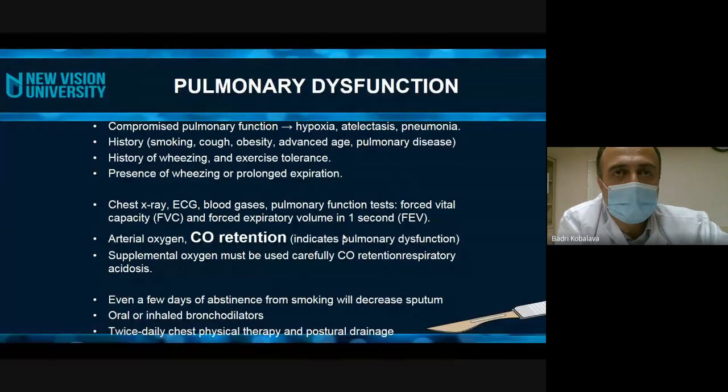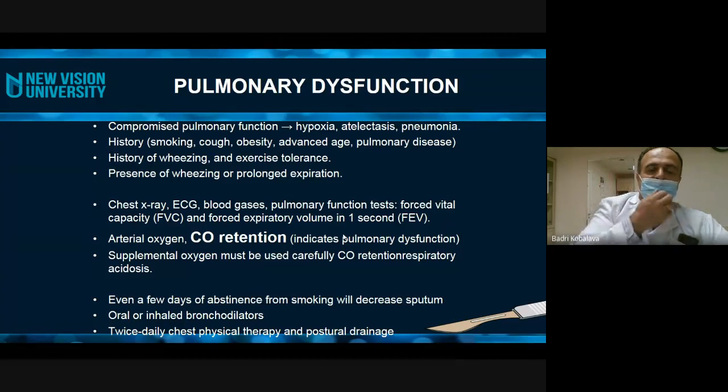Then atelectasis develops in the lobes of the lung which are located lower against the bed. Pneumonia is the bacterial inflammation of the lung parenchyma, which also decreases the area of gas exchange and compromises pulmonary function.